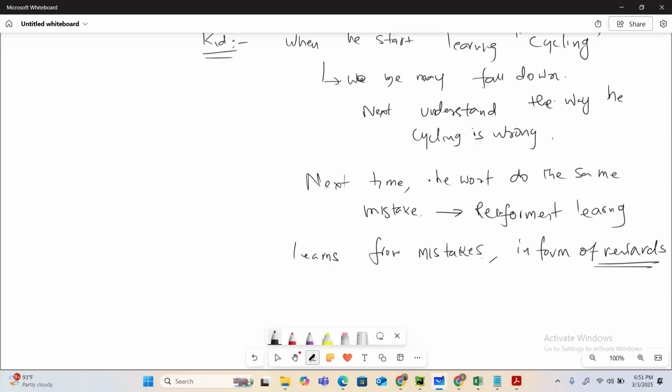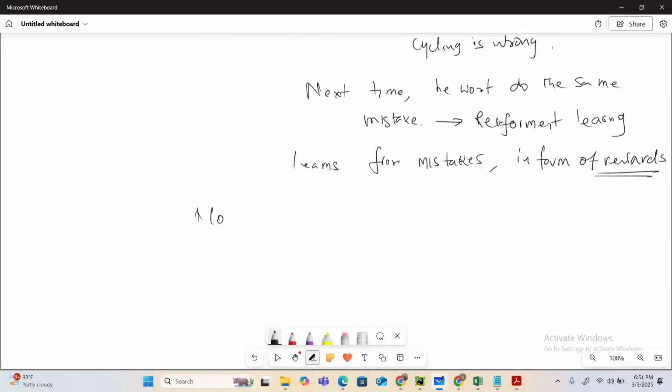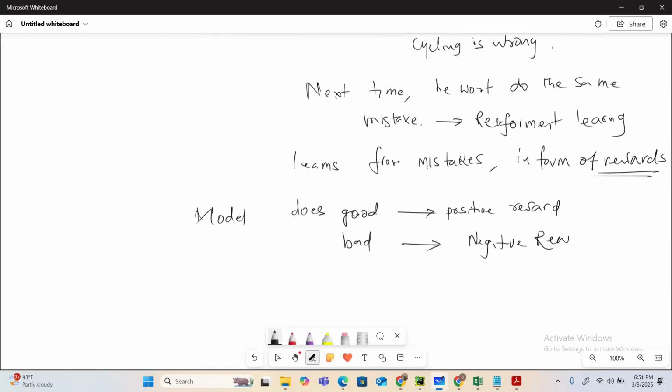If the model does good things, it is a positive reward. If the model does bad, it's a negative reward. Clear?